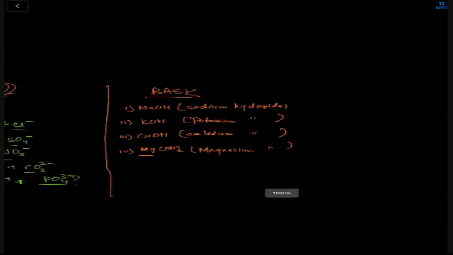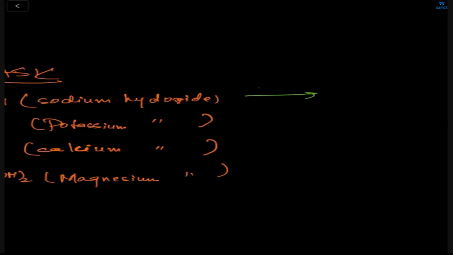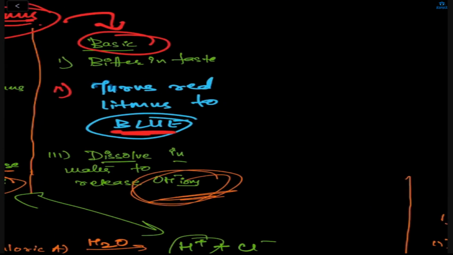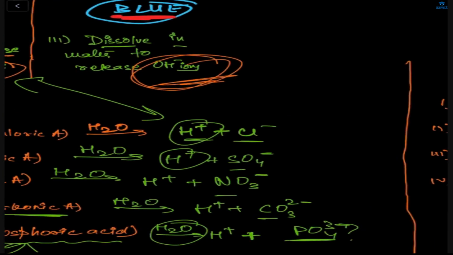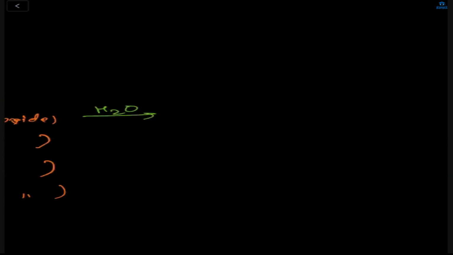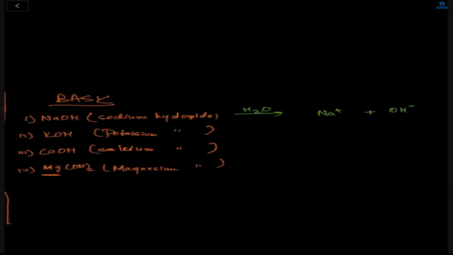And again, if we mix this NaOH with water, it should release OH minus. Bases dissolve in water to release OH minus ions. So if we dissolve sodium hydroxide in water, it releases OH minus plus Na plus. This is NaOH, so Na plus and OH minus. For KOH, it will be K plus and again OH minus.